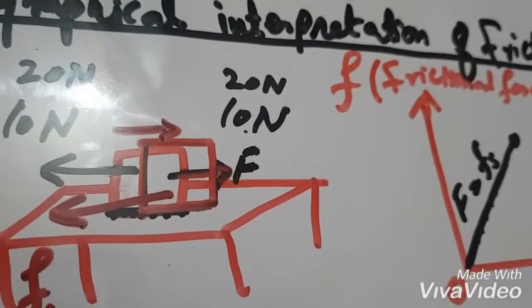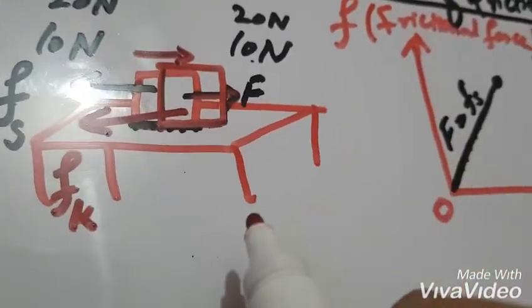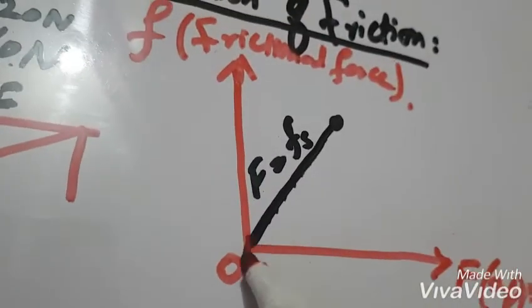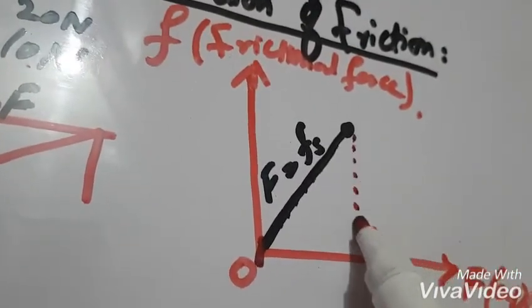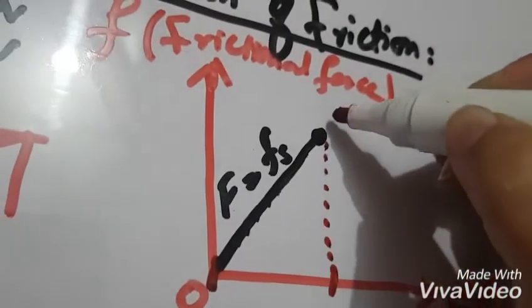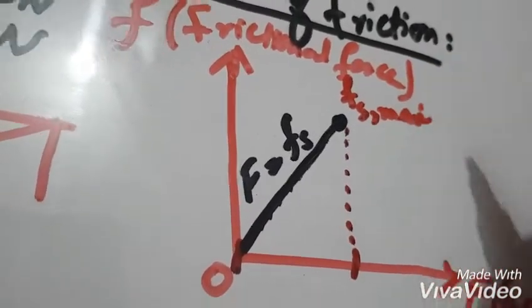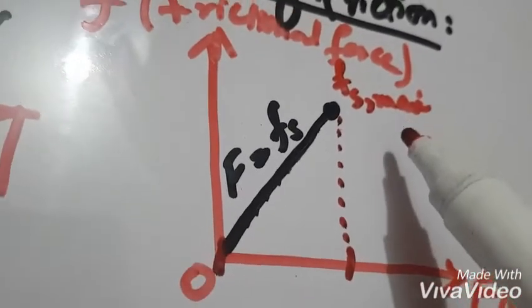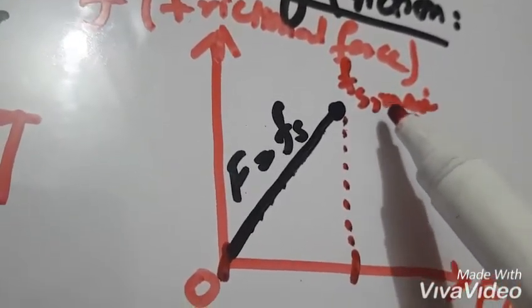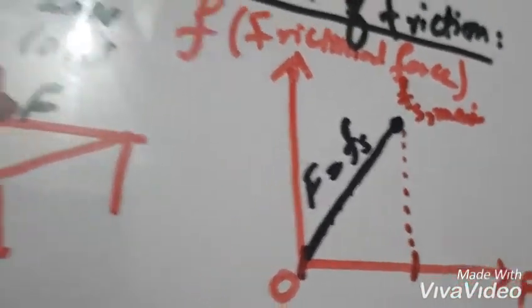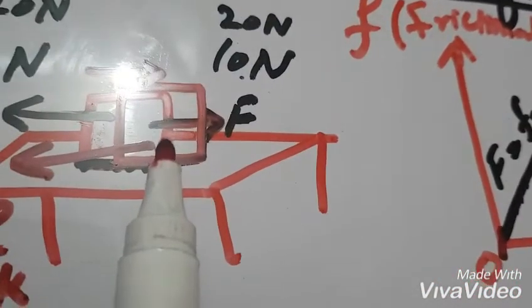Friction is now kinetic friction. So this region from 0 to this peak point is actually the value of static friction at its maximum point. When it reaches its maximum point, after that static friction will be finished, and the kinetic friction will start, because the body is moving.